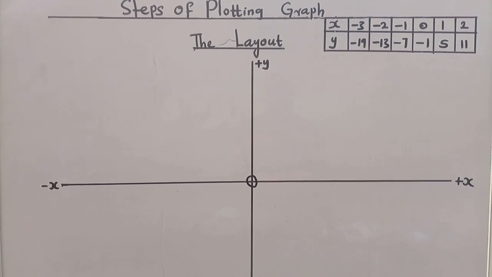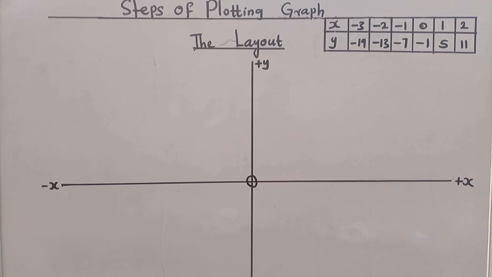These are directions. Look at this, for instance. We have -3 here, and it belongs to x. What it means is that this -3 will be found on this part of the arrangement. This -2 also is found on the left side. What about these 2 on the right side of this axis?